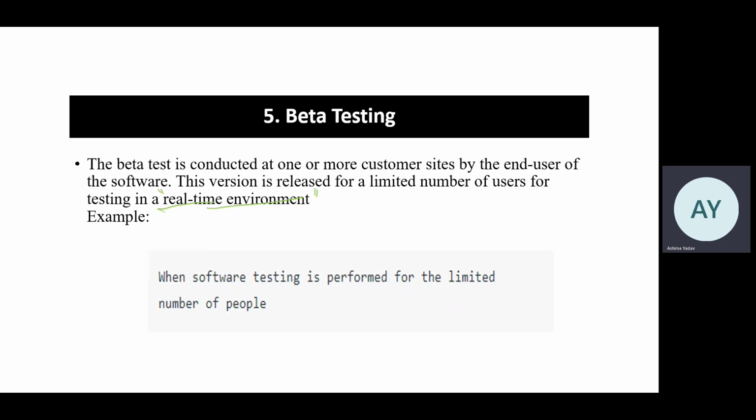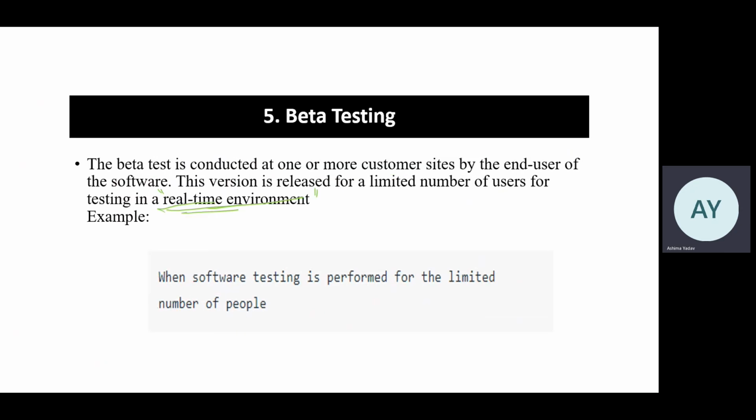We are building the software for the end users for whom we are working. We have delivered the software to them, and now they are using it. So the software is getting tested in real time, to see how it behaves in real time. Here there is no supervision of the QA people or the developers. The software is working in the actual environment. So this is beta testing.